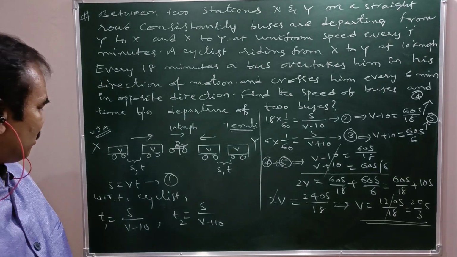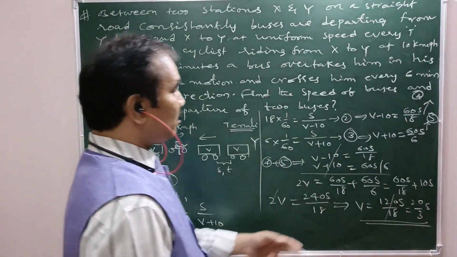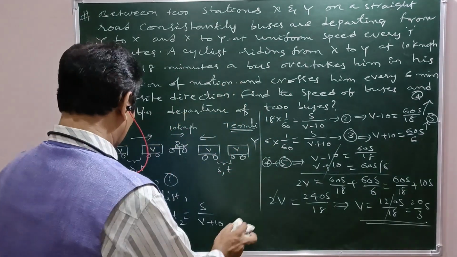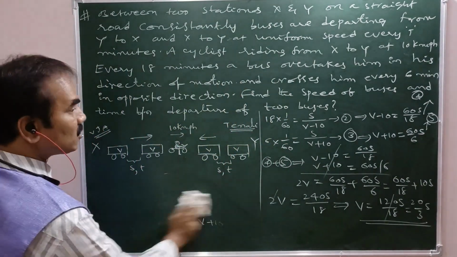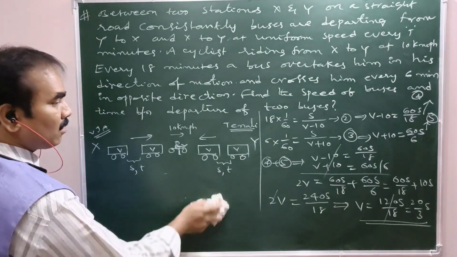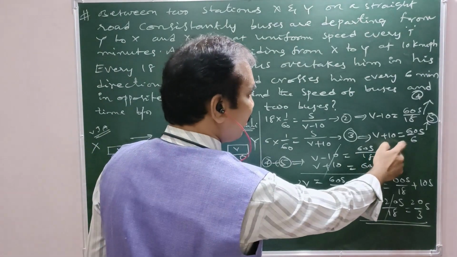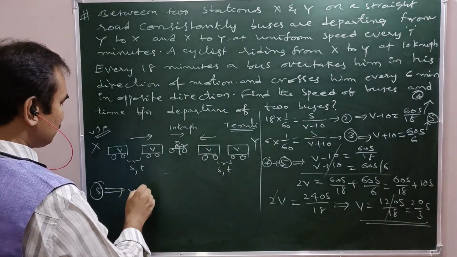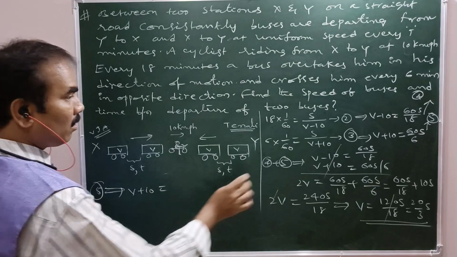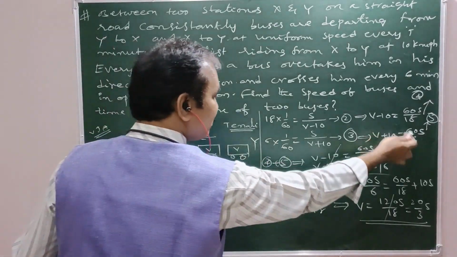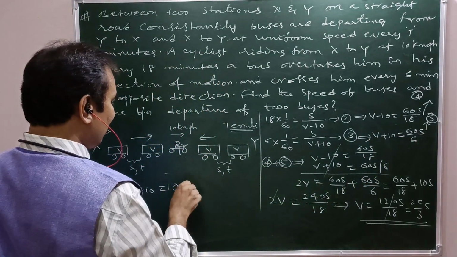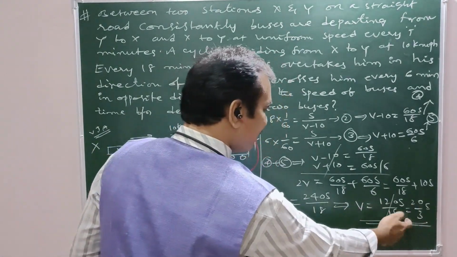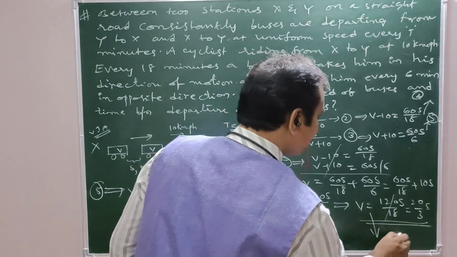Now, suppose we take equation 5 and replace here: V plus 10 equals 60 by 6, which means 10, into S. What is S here? S equals 3 by 20 V from this relation. This is equation number 6.